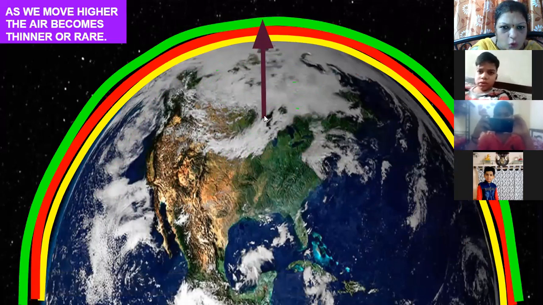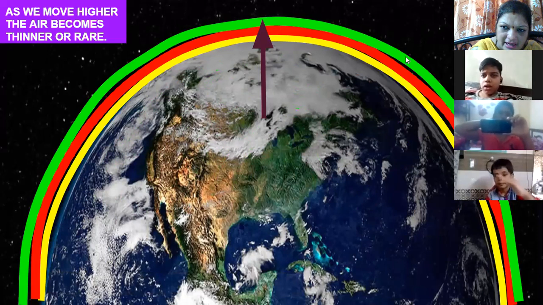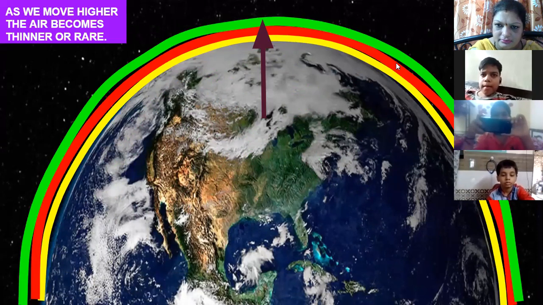And see, this is the arrow which is indicating that when you go away from the earth, that means when you go to a height, these are the different layers of air. So as you move higher in the air, what happens to the air? It becomes thinner.